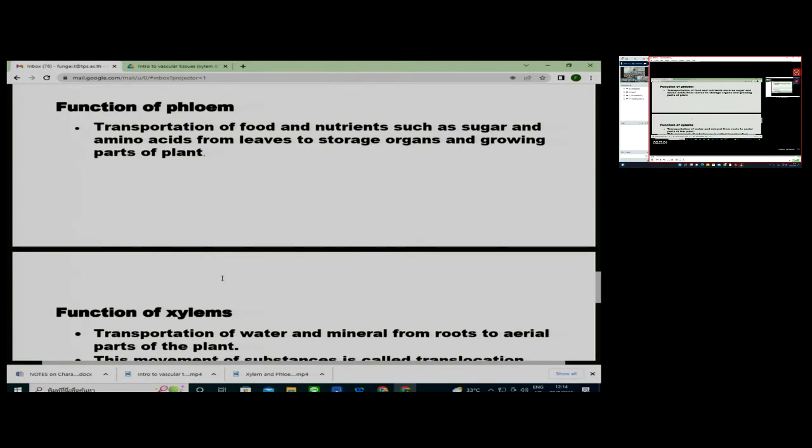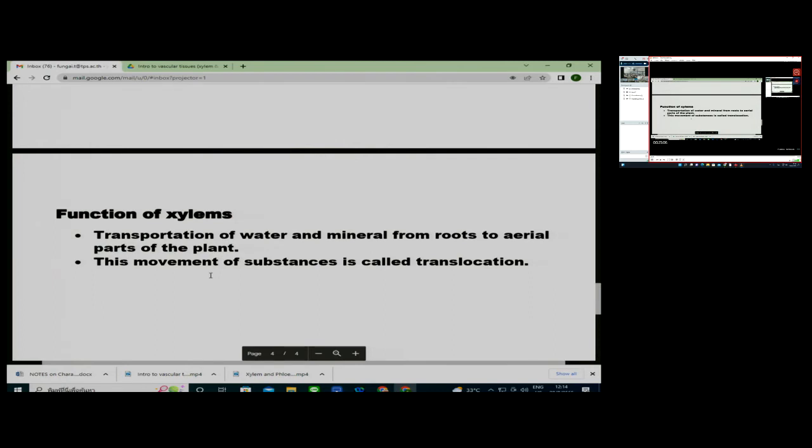Okay, now we look at the function of the xylem.